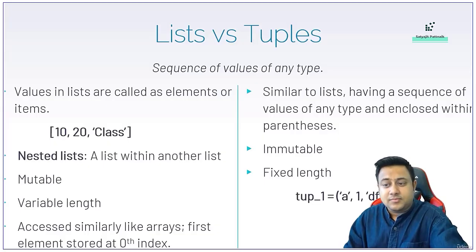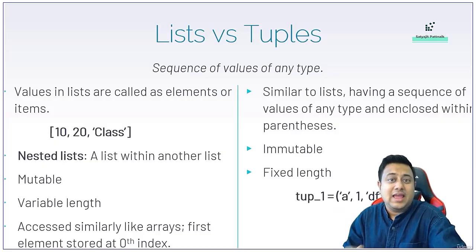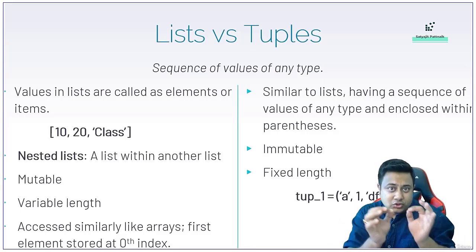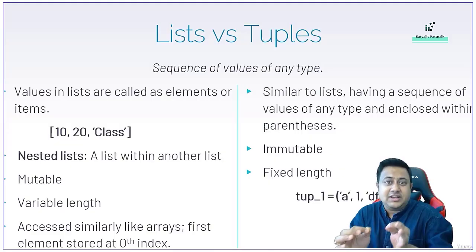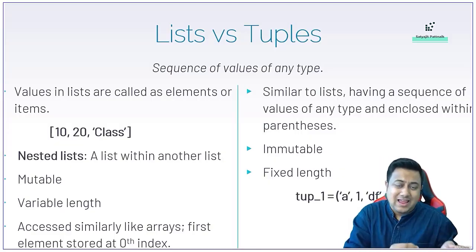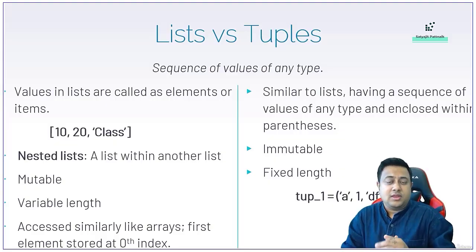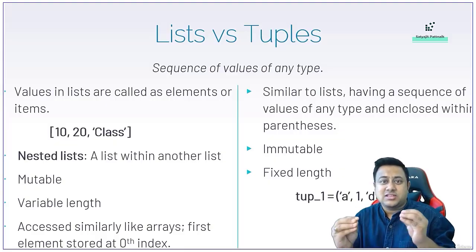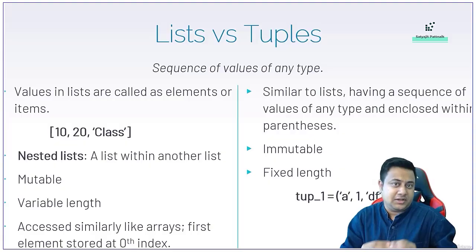Lists have variable length and are accessed similarly to arrays, with the first element stored at the 0th index. The way we studied strings, in HELLO, H is at the 0th index, the first index is E, second index is L, third index is L, fourth index is O. Very similarly, lists also start from the 0th index.